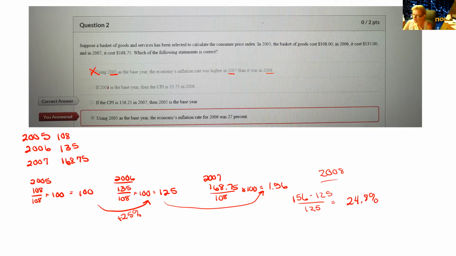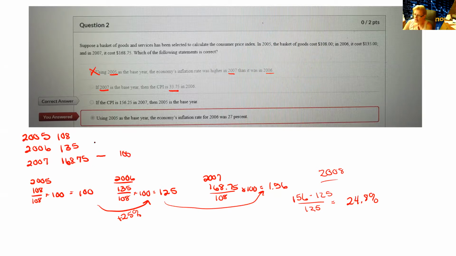If 2007 is the base year, then the CPI is 33.75 in 2006. Well, what this would mean is that when we computed the CPI, 2007 would be 100.